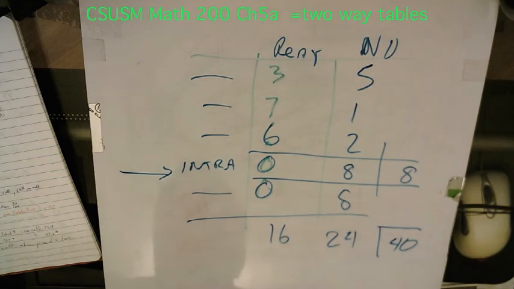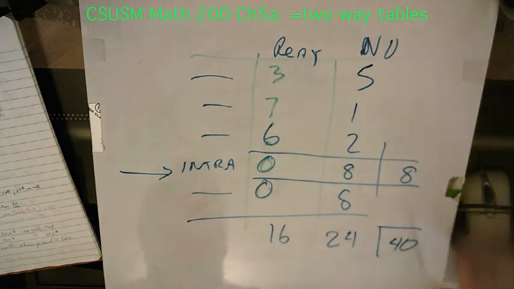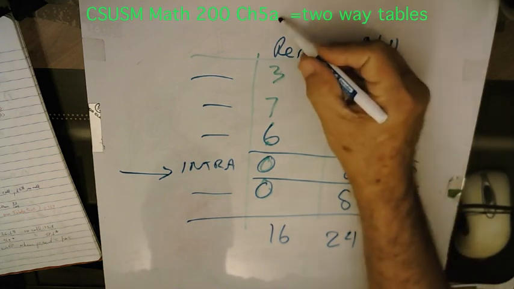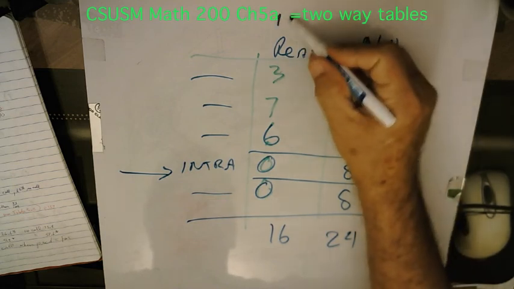Now it then asks for marginal distribution for the immune response. It's not really clear, but I think what they're asking for is which one had a positive immune response.